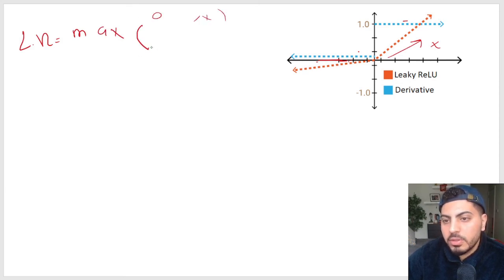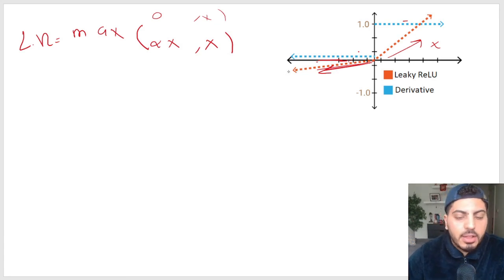Maximum of 0 and the input. The leaky ReLU is maximum of the input and alpha times input, okay? And this alpha is a hyperparameter that controls the slope of the negative end here. So it's just a hyperparameter that your model can learn with gradient descent, and it's a controllable parameter.